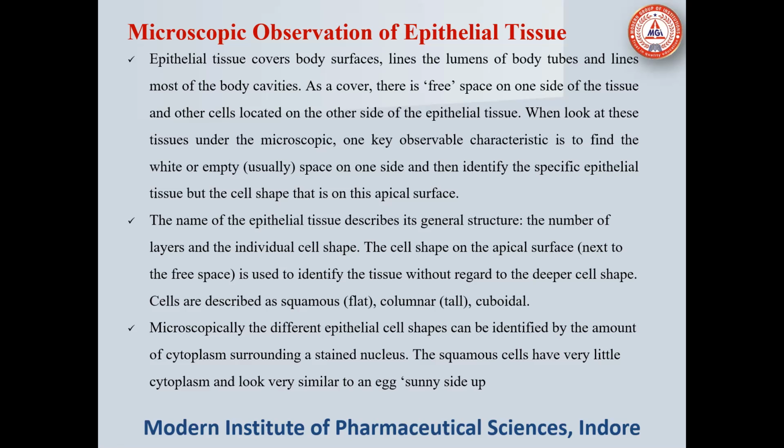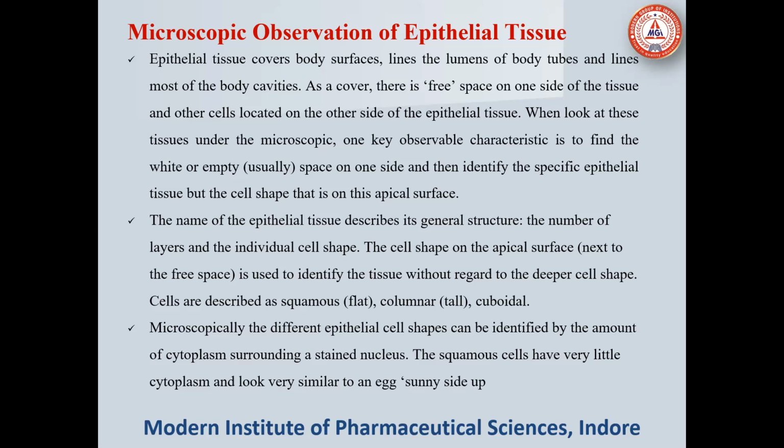on the top surface. The name of the epithelial tissue describes its general structure, the number of layers and individual cell shape. The cell shape on the apical surface next to the free space is used to identify the tissue without regard to the deeper cell shape.